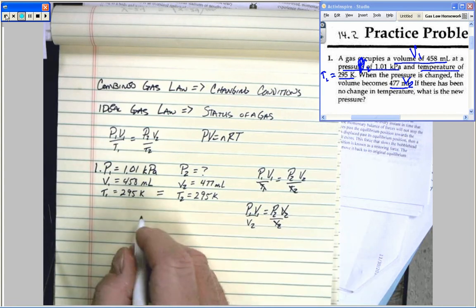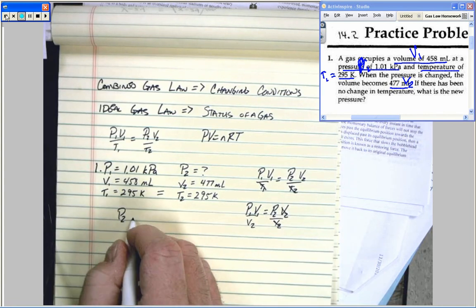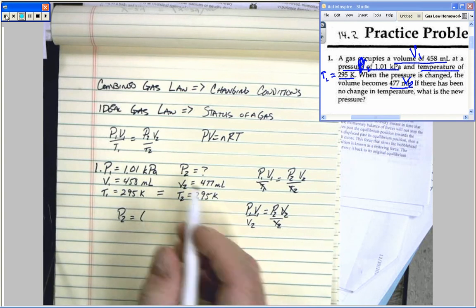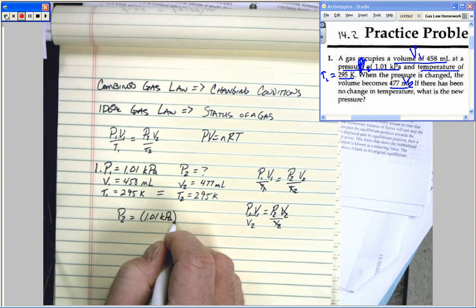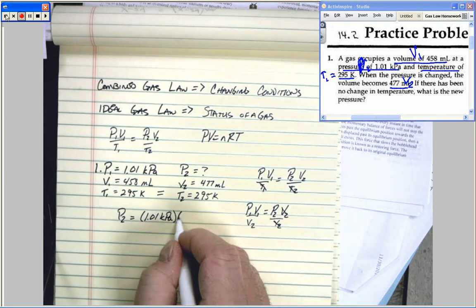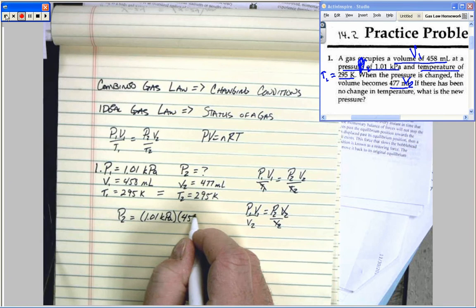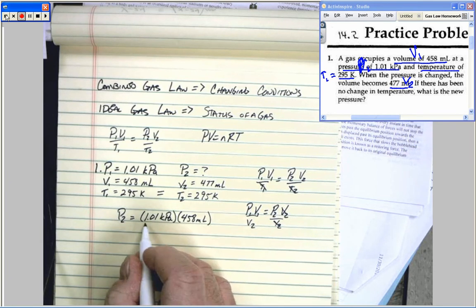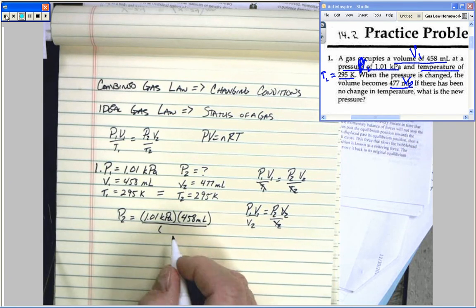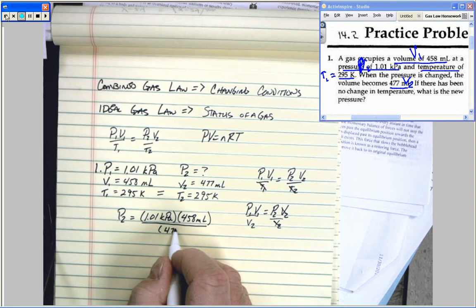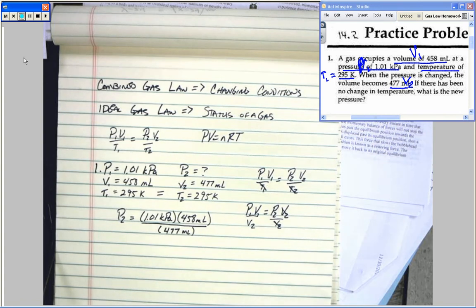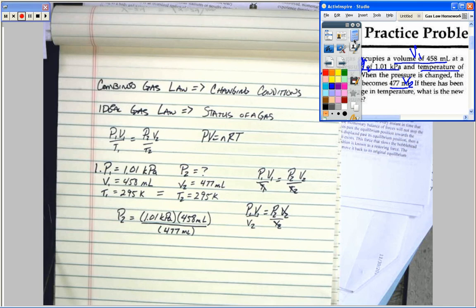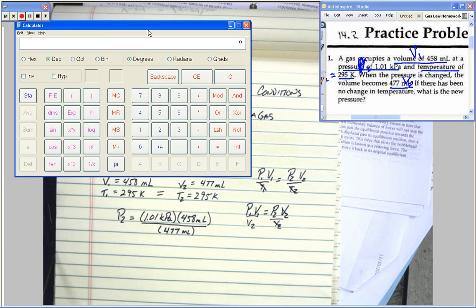And then we plug everything in. So P2 is then going to equal P1 V1 all over V2. Okay. Then we bust out the calculator.